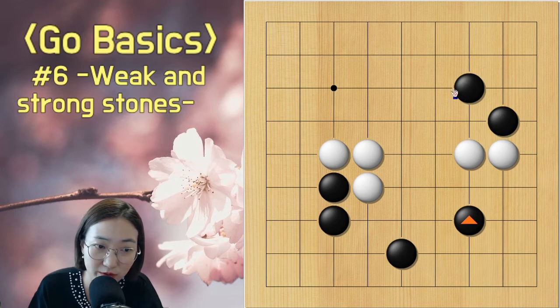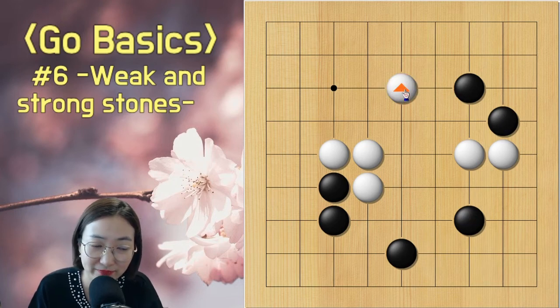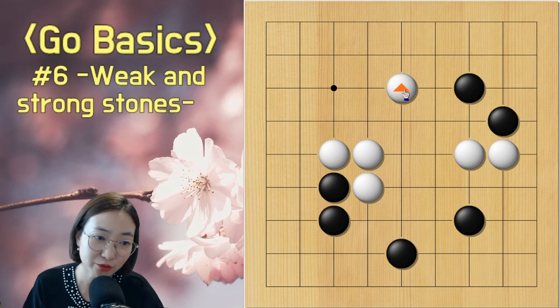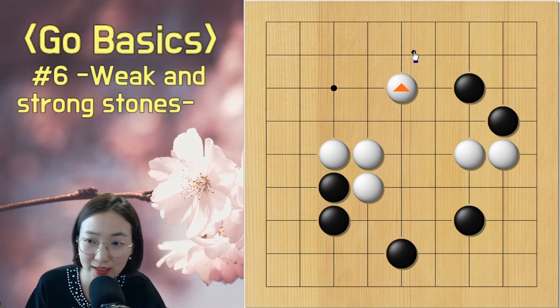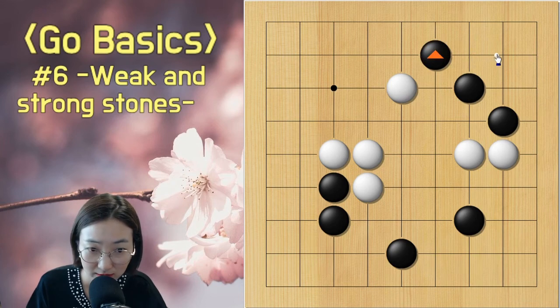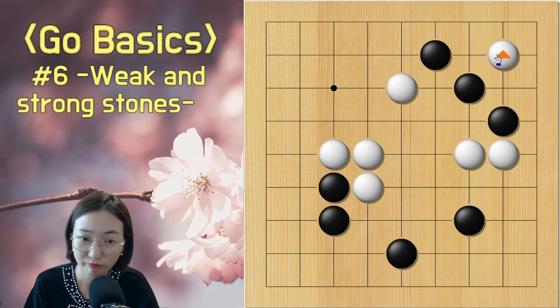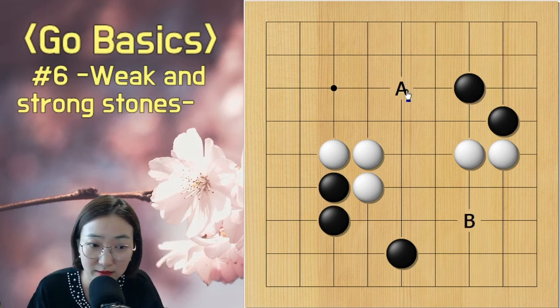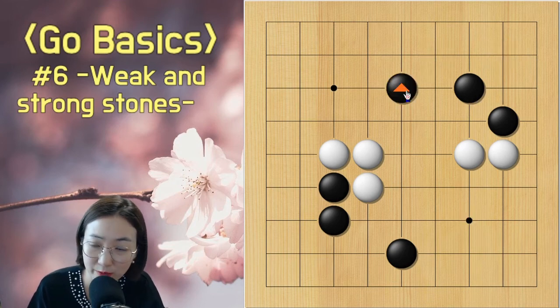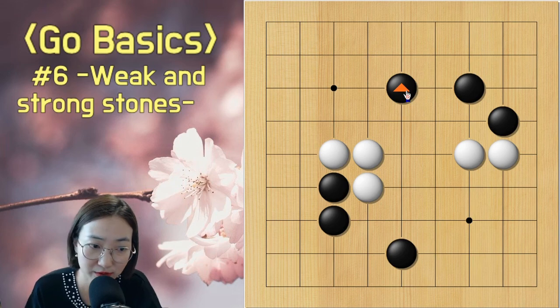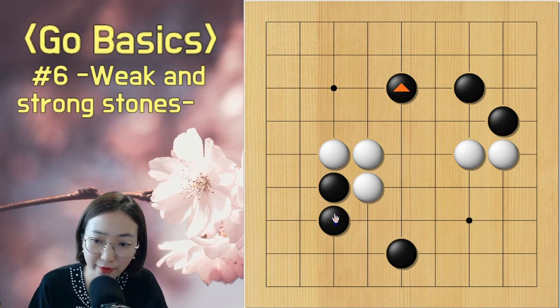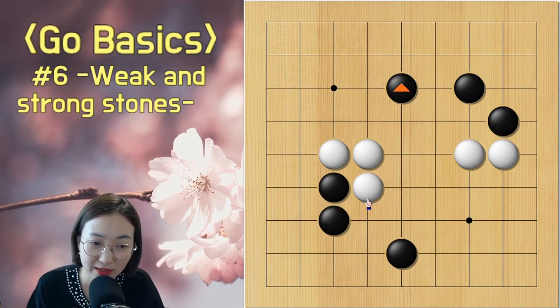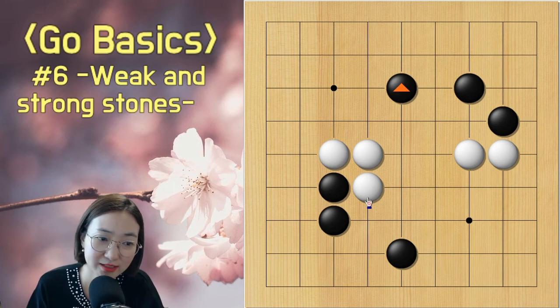And if white were to attack like this, then it's hard for black to construct his territory, or white could strike an attack like so. So the answer would be to defend the relatively weaker two stones. These three stones here have enough space, so they are stable without an additional stone.